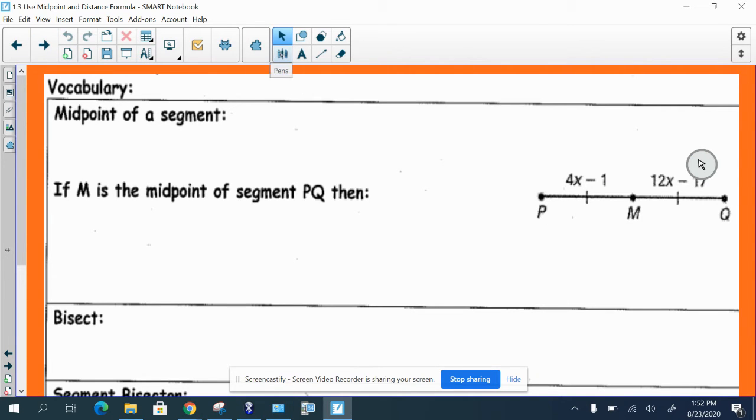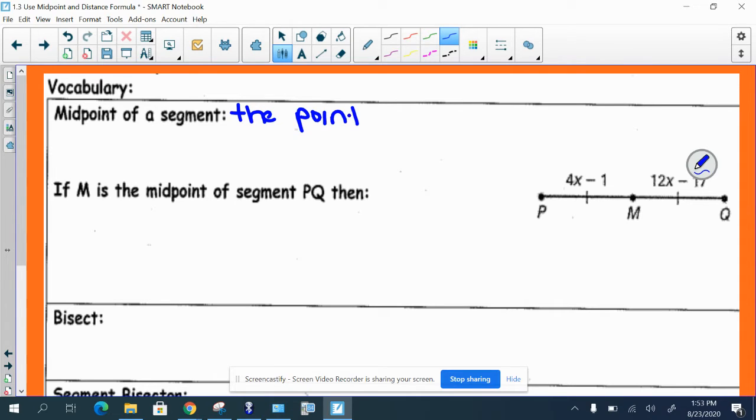So first of all, we're going to talk about midpoint. A midpoint of a segment is the point that divides the segment into two congruent segments. So first of all, the midpoint is a point, and remember that to name a point, you use capital letters.